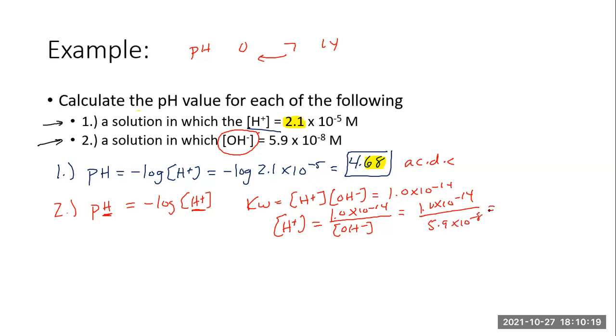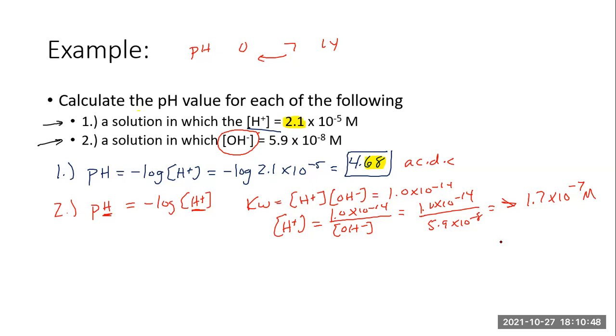And if we do that, 1 exponent button negative 14 divided by 5.9 exponent button negative button 8 gives us a number of, we'll call it 1.7. Oops, 1.7 times 10 to the minus, a lot of zeros, 1, 2, 3, 4, 5, 6, 7 molar.